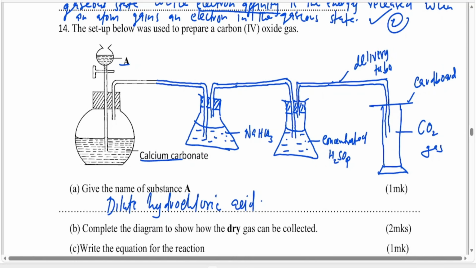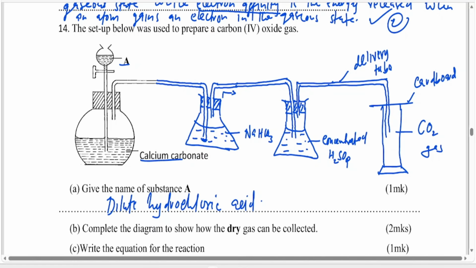And please, learners, take note of the tubes. The delivery tube should be fully inserted into the solution, but the one that is coming out should be on top of the solution. It should not be inserted into the solution, the one that is taking out the gas.